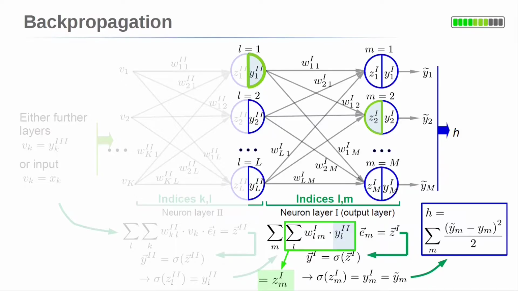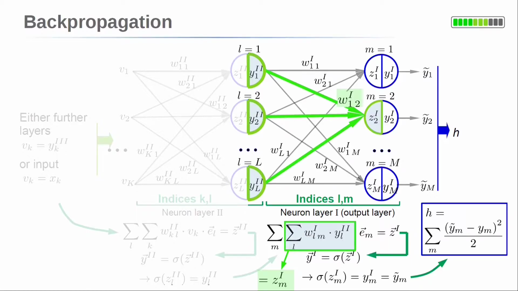The input to this neuron are the outputs of the preceding hidden layer neurons. There are capital L neurons in this hidden layer, and the output of the lth neuron is y_l of layer 2. This output is multiplied by the weight w_lm of layer 1, connecting this output with our mth neuron of the output layer.